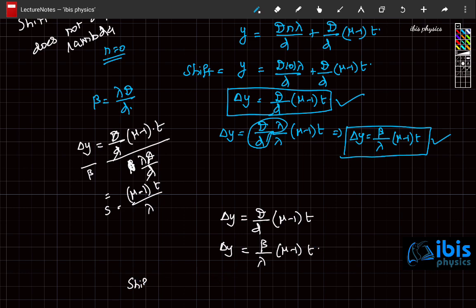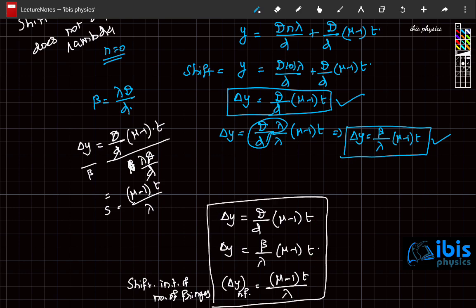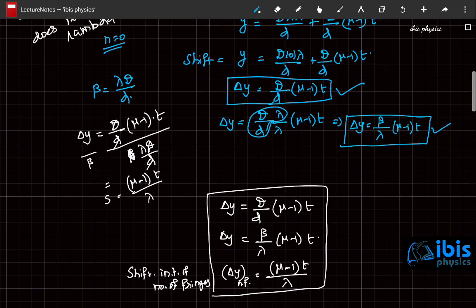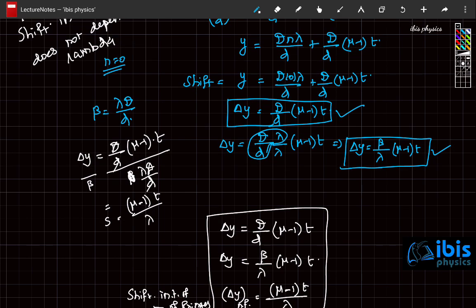And the shift in terms of number of fringes, how many fringes have been shifted, is equal to mu minus 1 into t by lambda. Shift is same for all colors. It is independent of the wavelength, and these are the three important formulas regarding the shift in the central maximum, and the other part we'll discuss a bit later.